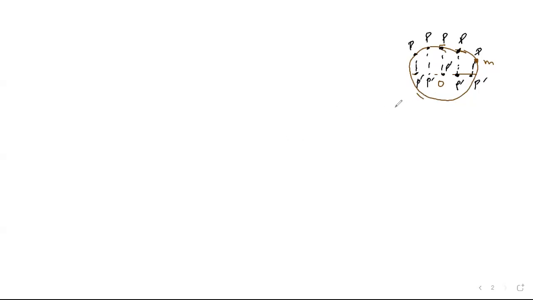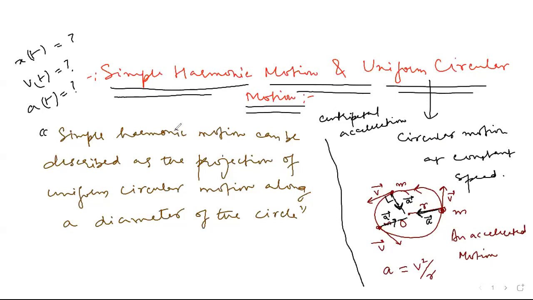As we do the mathematics, when P goes along the circle at constant speed, this P prime, its projection on the diameter of this circle, also moves, and the motion of P prime is complete simple harmonic motion. Their time periods are equal. That is the meaning of this statement: simple harmonic motion can be mathematically described as the projection of uniform circular motion along the diameter of the circle.